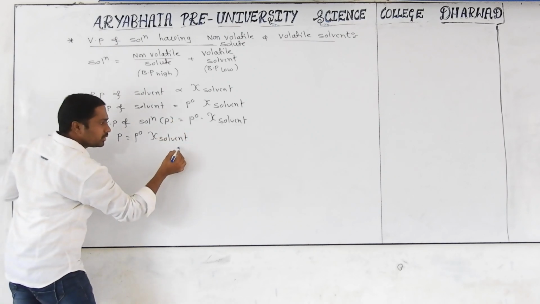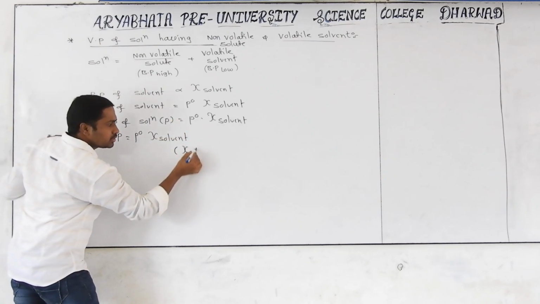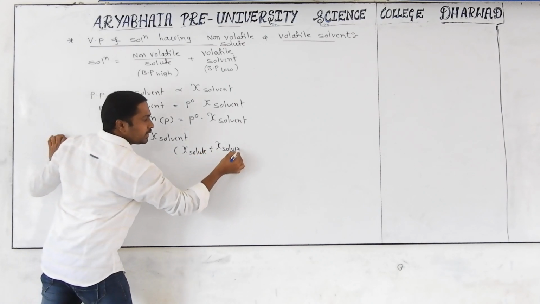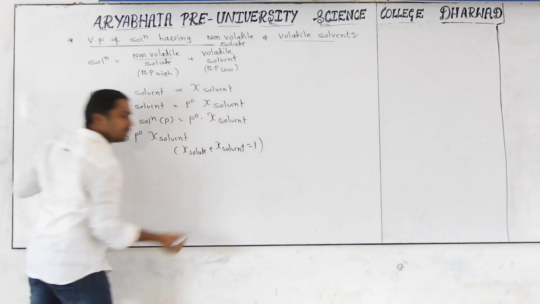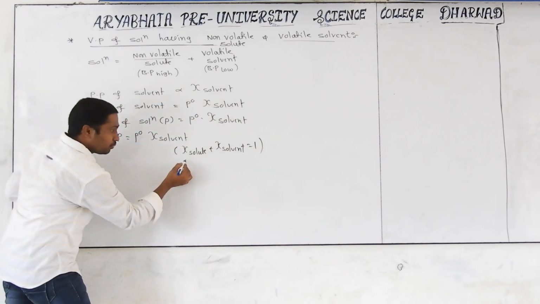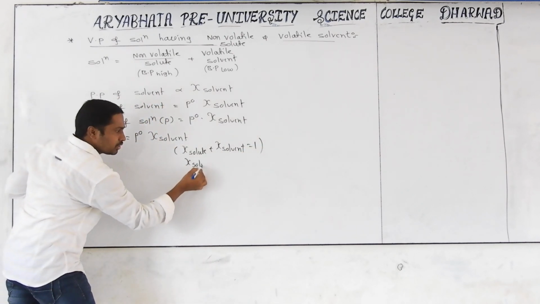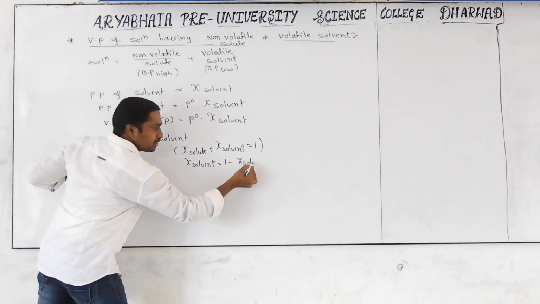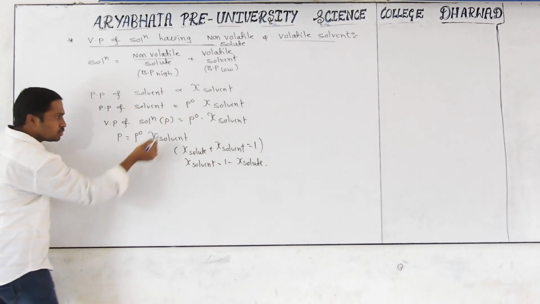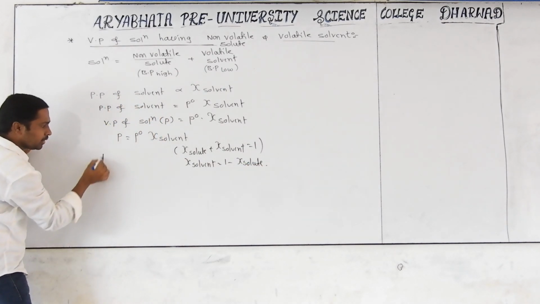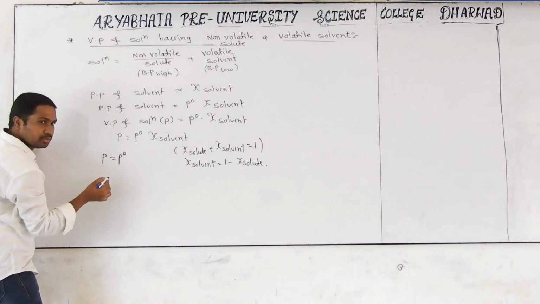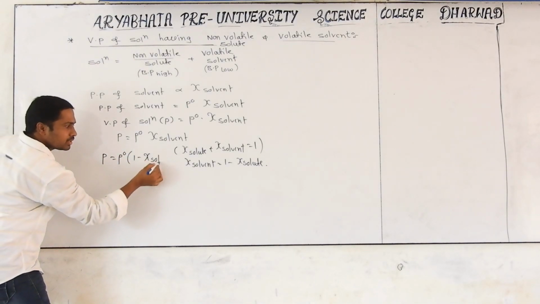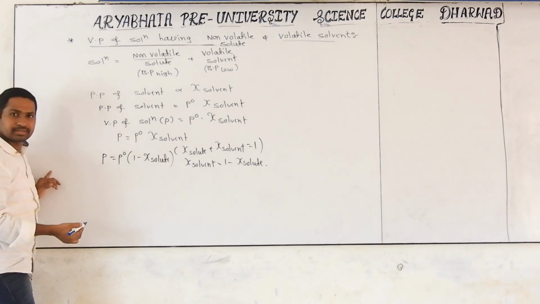Write down here: P equals P0 into the mole fraction of the solvent. Here I want to write down one thing: the mole fraction of solute plus the mole fraction of solvent in every solution is equal to 1. Then the mole fraction of the solvent is equal to 1 minus the mole fraction of the solute. So I am substituting here, see carefully. P equals P0 into (1 minus the mole fraction of the solute particles).